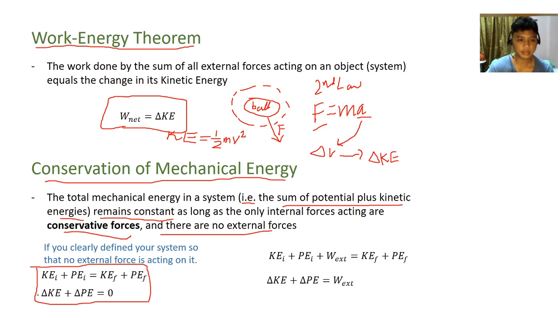I really like the second one. Delta KE plus delta PE equals 0. Why do I like that? Because it makes a lot of sense. If you have a system and only conservative forces are acting internally, then mechanical energy is conserved.